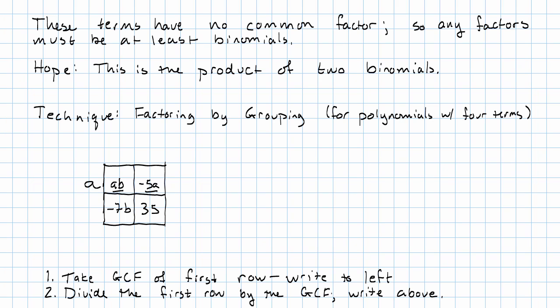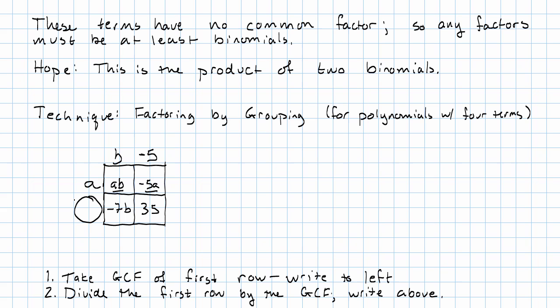Now we're going to divide the first row by that greatest common factor we just found. a times what is ab? a times b is ab. a times what is negative 5a? a times negative 5 is negative 5a.